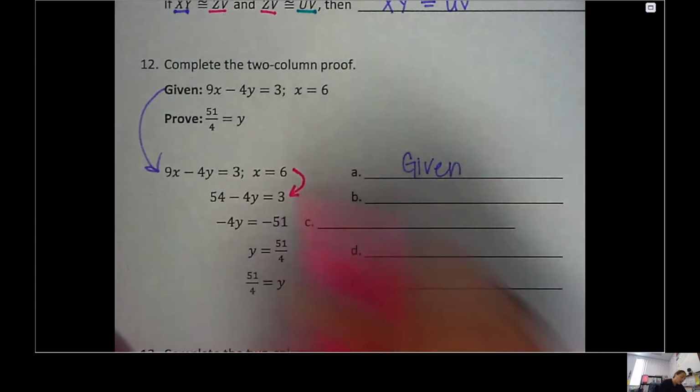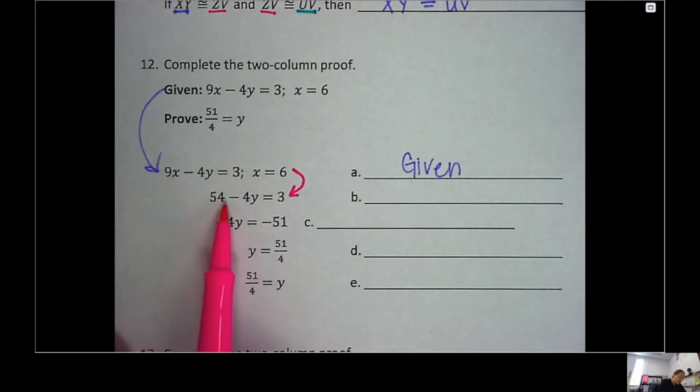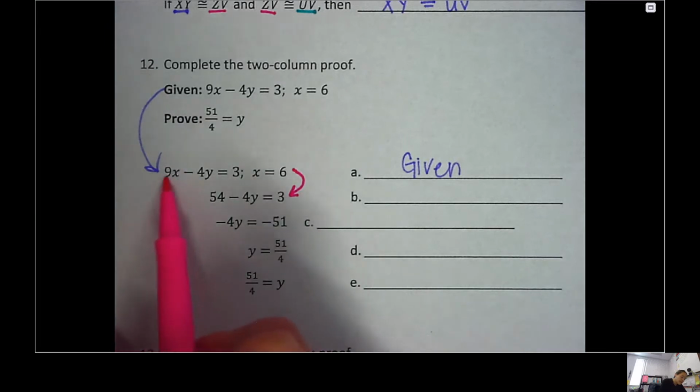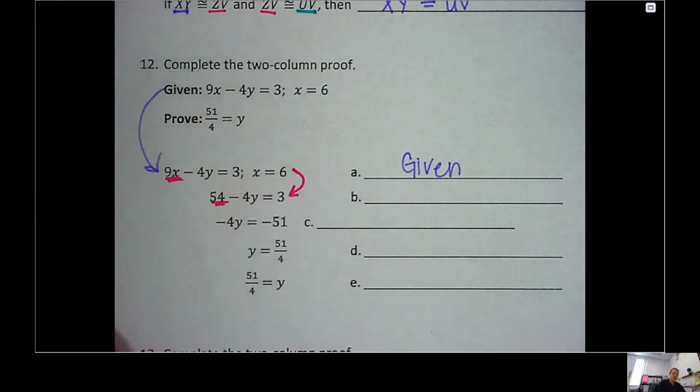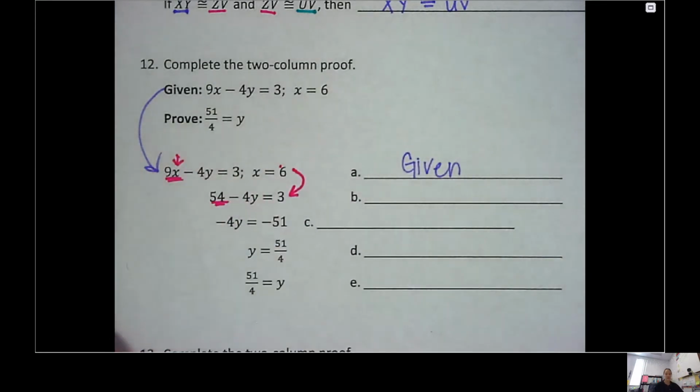Now, to get from A to B, I went from 9x minus y equals 3 to 54 minus 4y equals 3. So the only thing that really changed here was my 9x became 54. Well, how did I do that? I took this x value and I plugged it in right over here.